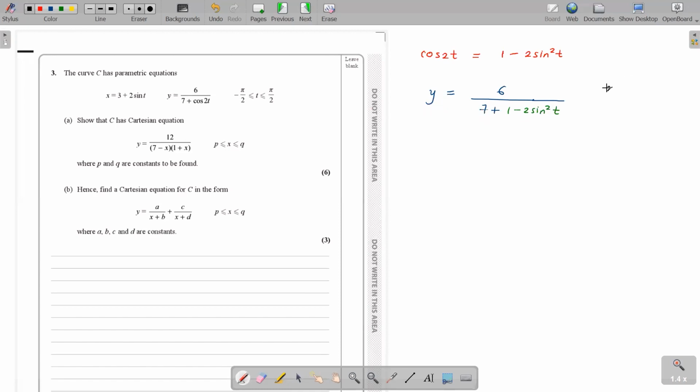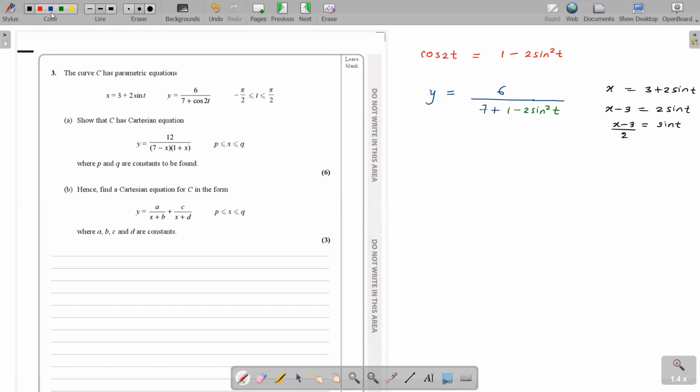So I'll take the other equation, x equals 3 plus 2 sine t. X minus 3 equals 2 sine t. Sine t equals x minus 3 over 2. Is that okay?